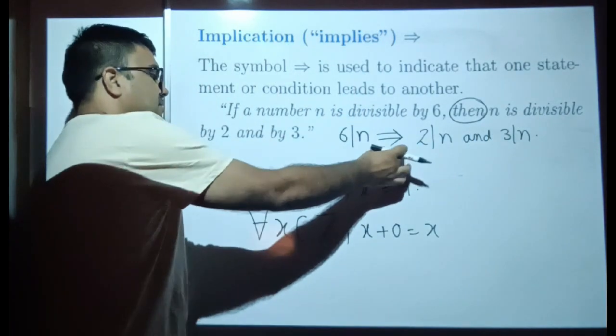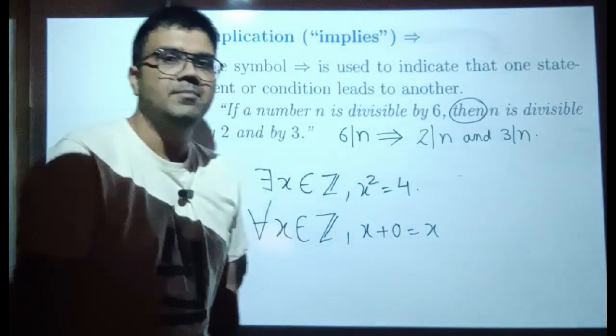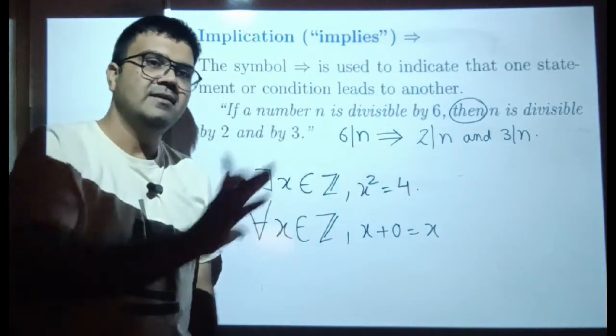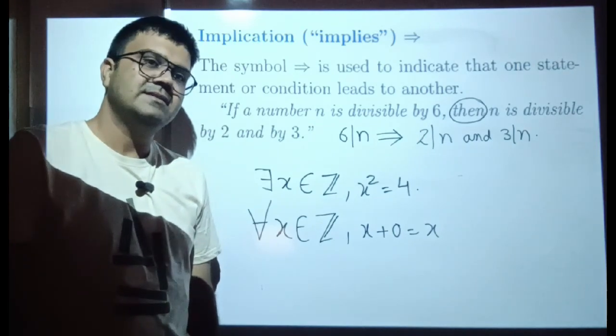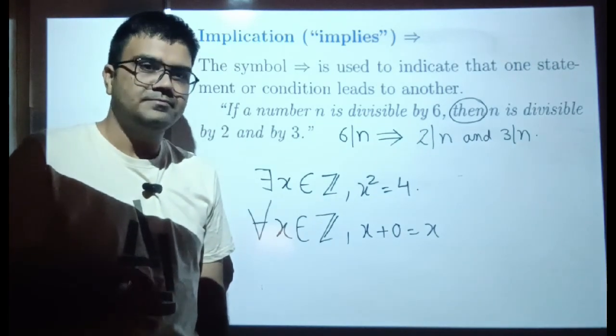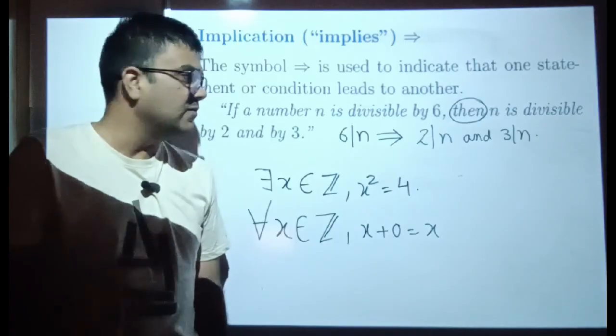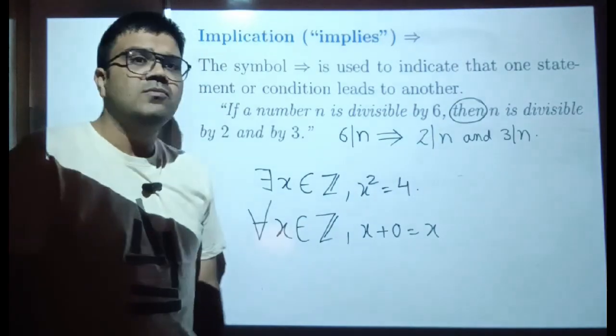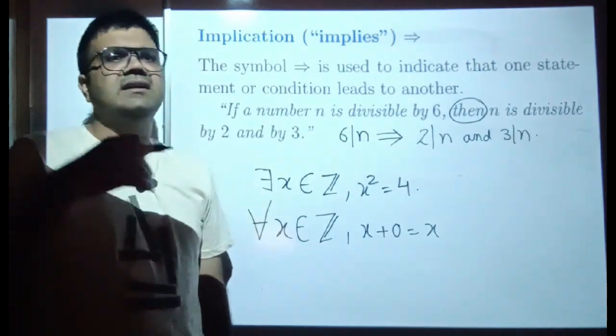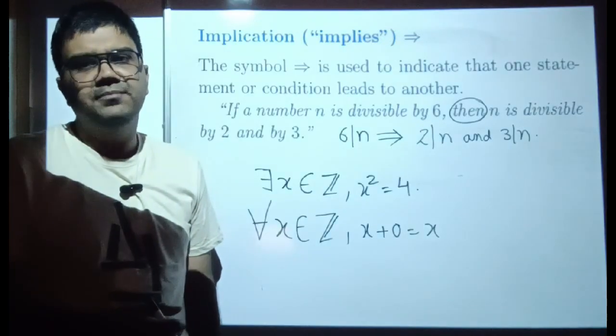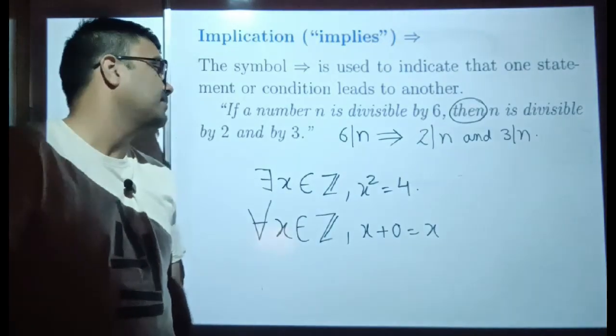This is how we can use the symbol implies. Implies means one statement implies the second statement, or one statement indicates or leads to the condition of some other statement.